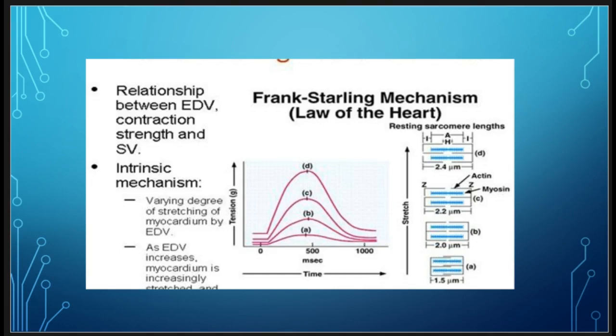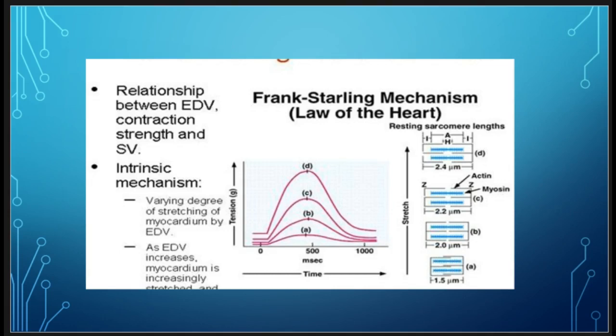As this end diastolic volume increases, the stretching of the fibers of the heart is going to increase, and that stretching of those fibers is also then going to allow the contraction to equal what is being filled. So the amount that the heart stretches is going to equal the amount that it's going to contract.